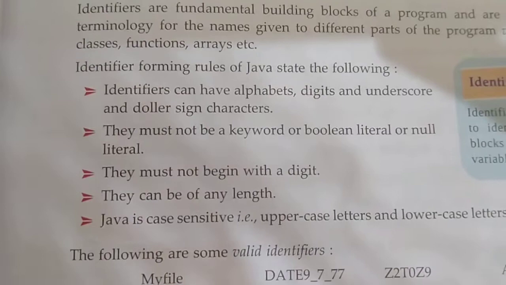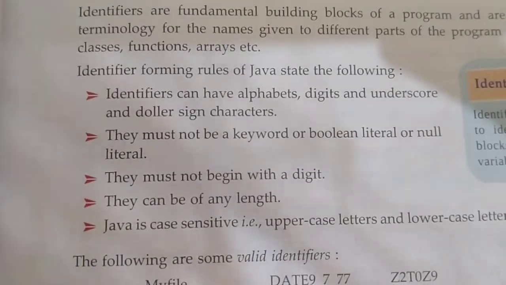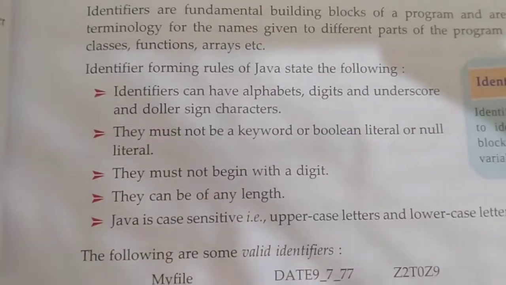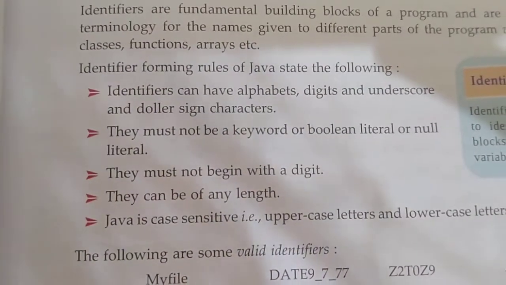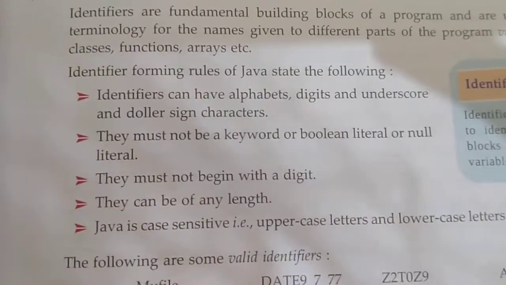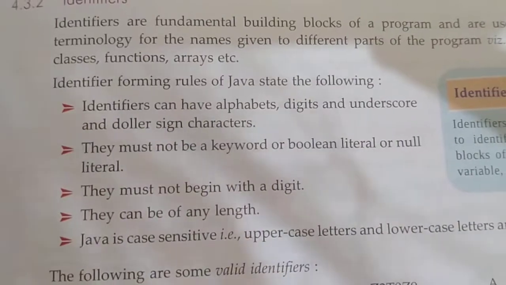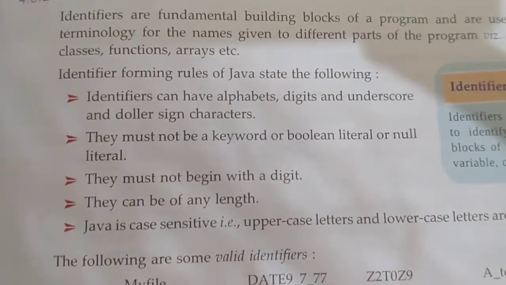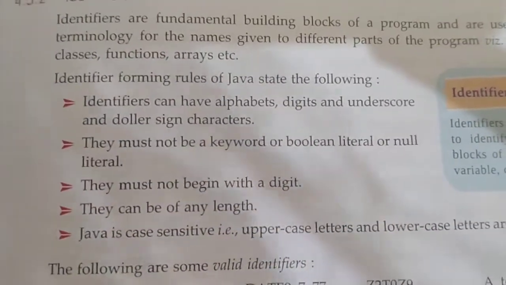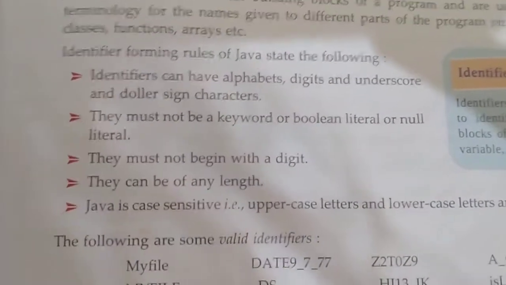Last time there was a question: can keywords be used as an identifier? Explain. No. Keywords cannot be used as an identifier because keywords have a special meaning. Boolean literal means true or false. Null literal means null. So these things cannot be used as an identifier to name your class, method or variable.